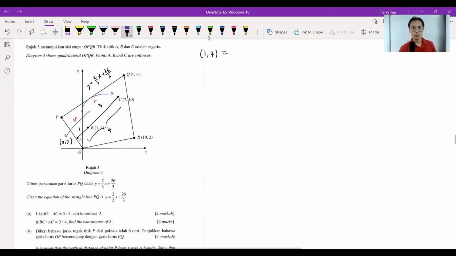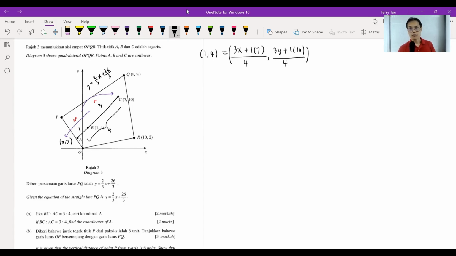So let's start. My n is 3, I multiply with the x coordinate, x here. Then m is 1, I multiply with the opposite coordinate, 7. My total ratio is 3 plus 1, which is 4. Then you continue with your y coordinate, 3 times y plus 1 times 10, total ratio 4 again.